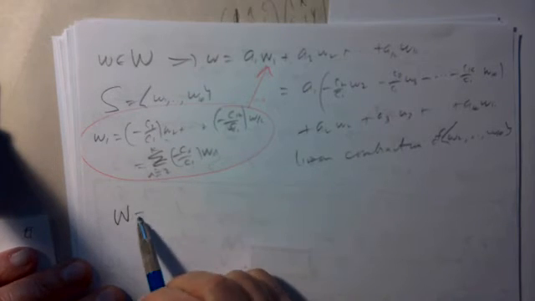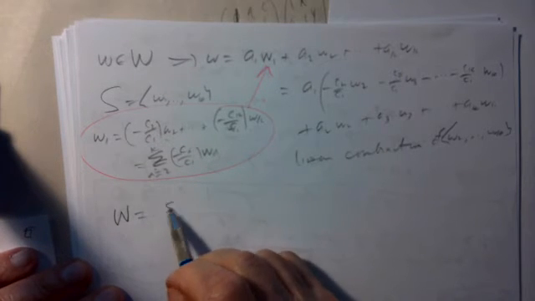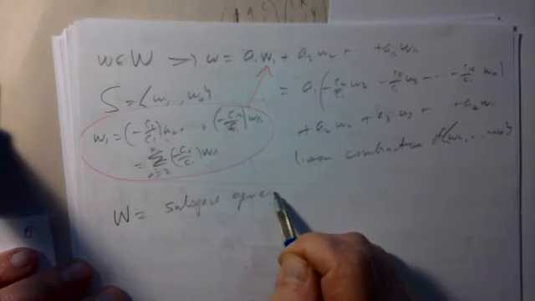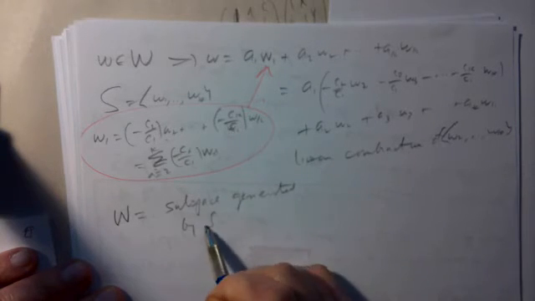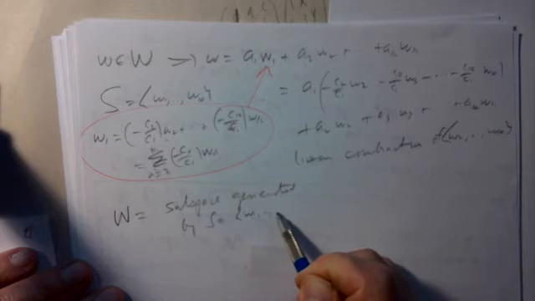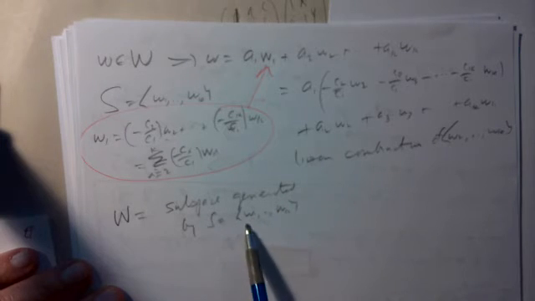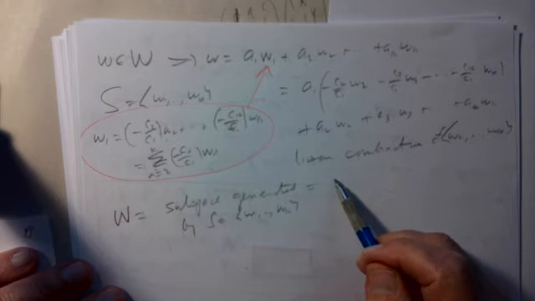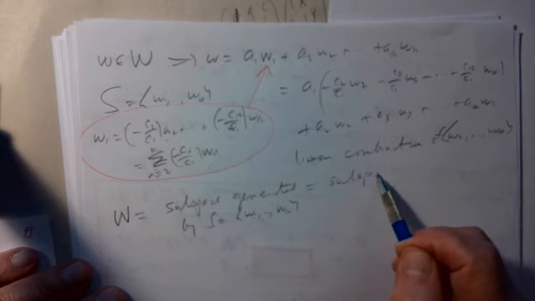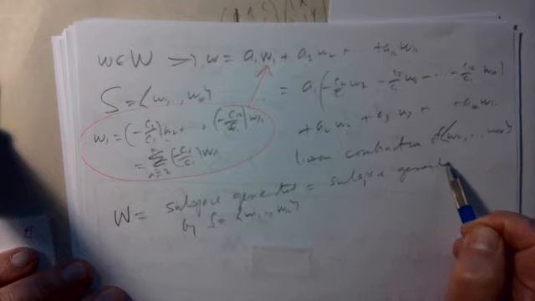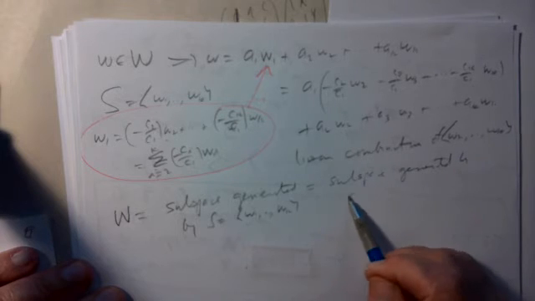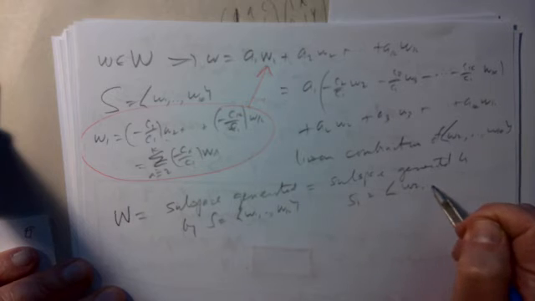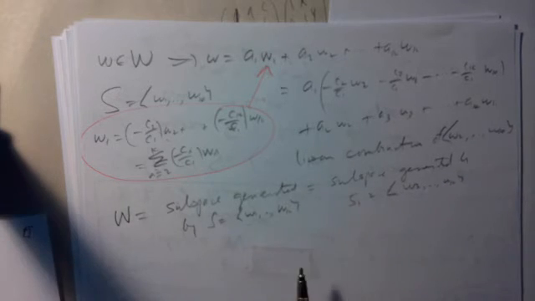So W, which is the subspace generated by this set S with K vectors in it, if these vectors are linearly dependent, I get the same subspace by, let's say, S1, where I throw out the vector W1. This is just W2 up to WK.